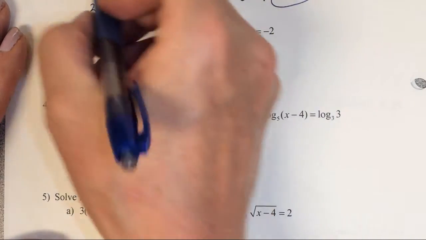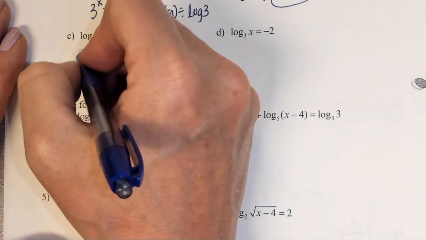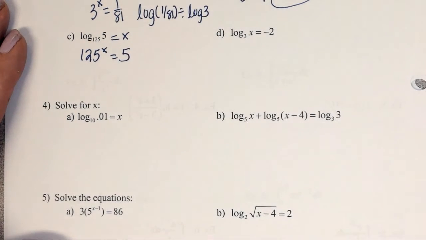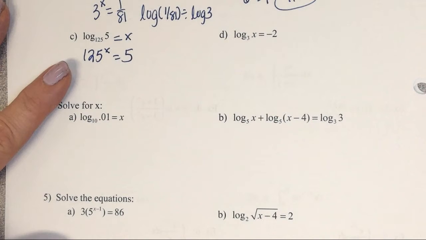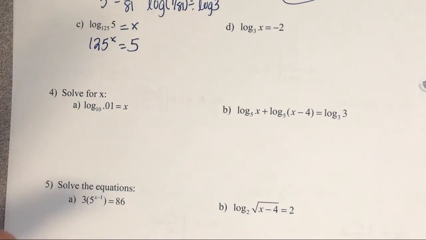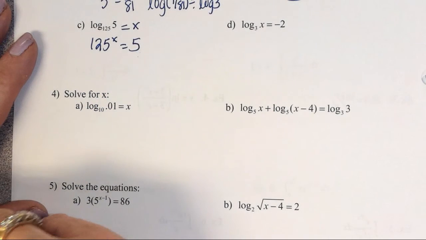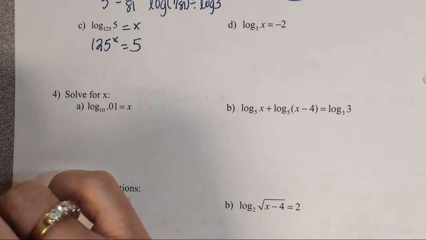All right, this one, same kind of thing. We're going to say equals x. So it's 125 to the x equals 5. Well, 125 is 5 times 5 times 5. So what would I have to do to this to make it equal 5? Take the what? I'd have to take the cube root of it, actually.